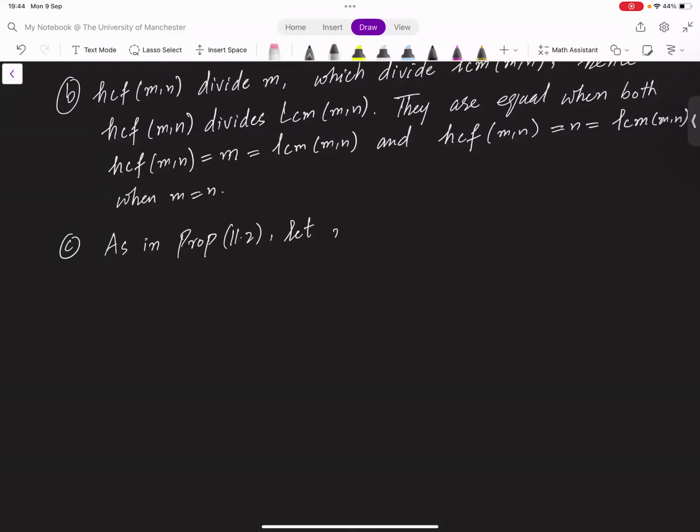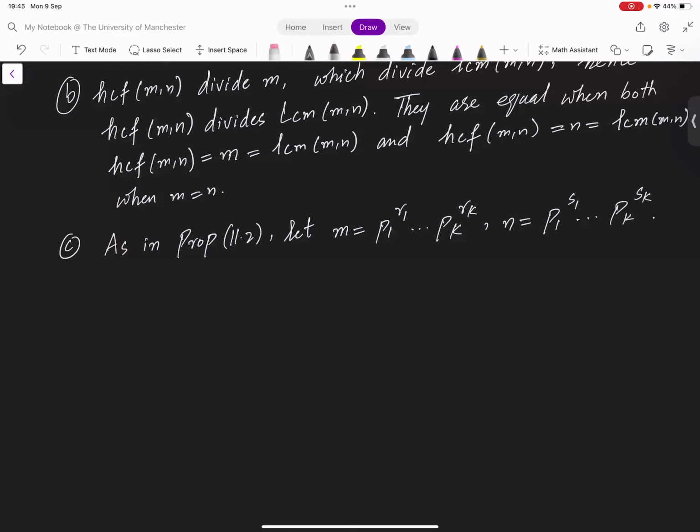let the prime factorization of m be this one, and n has s1 to sk.